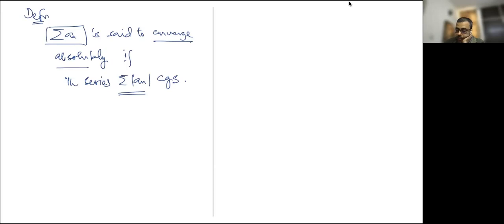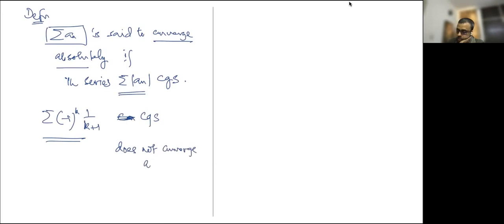So for example, if we look at this series, it converges, but this series does not converge absolutely. Right? So the two notions are different.